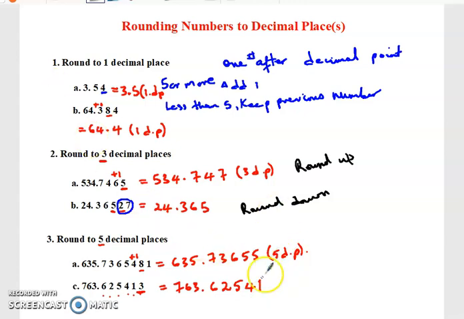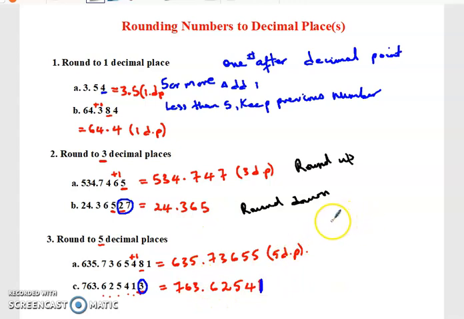So we keep that 1 as it is, and we leave out the 3. So we round down. So this is now to 5 decimal places because you have 5 digits after the decimal point. But we don't run ahead and just eliminate a certain number of digits and make it 5. You have to carry out the procedure.